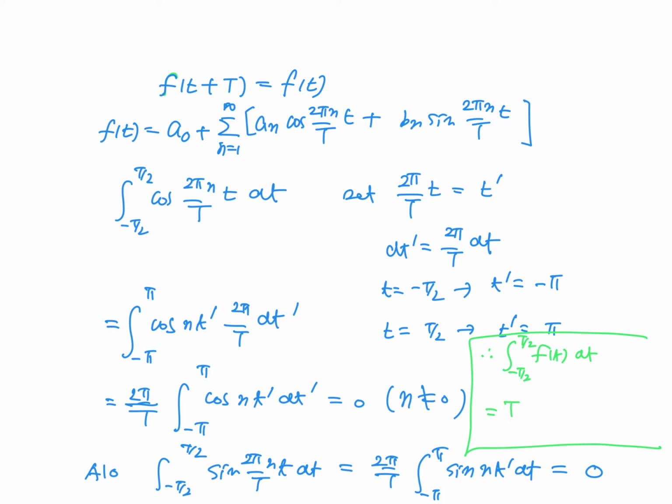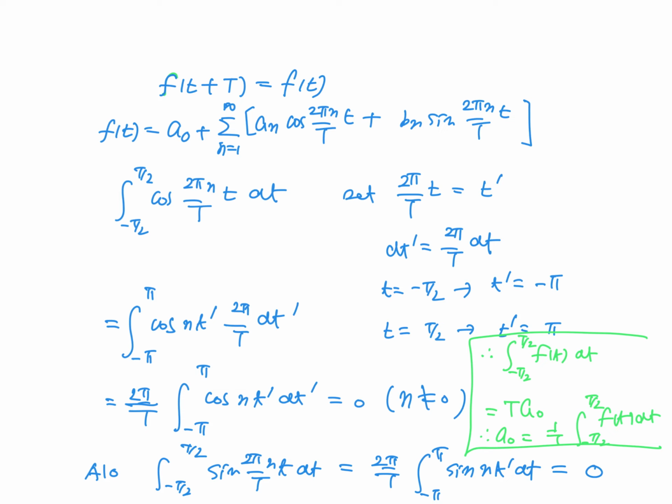Minus T over 2 to T over 2, 1 over T, f(t) dt is basically a0, right? So a0 is 1 over T, minus T over 2 to T over 2, f(t) dt. How about an?